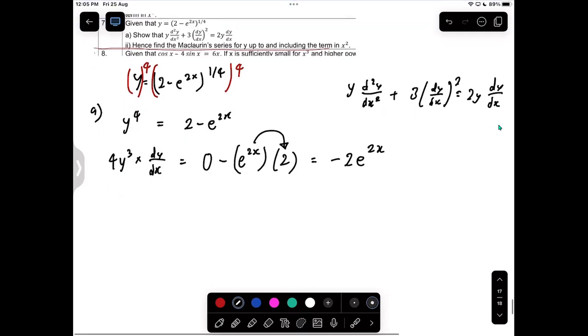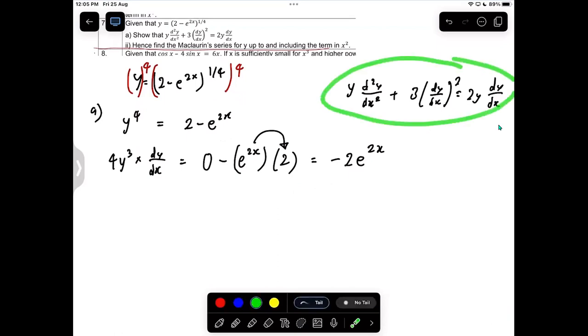How to continue? What do you think you want to do now? Look at the object. What do you have? I have dy dx. What do you want? I need it to be squared. And more importantly, need the second derivative. Okay, good.